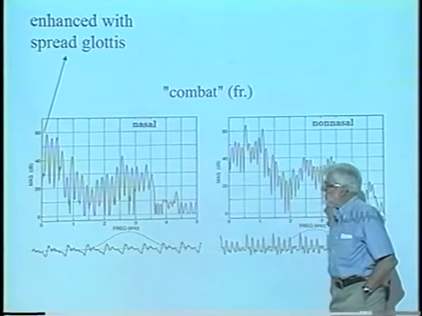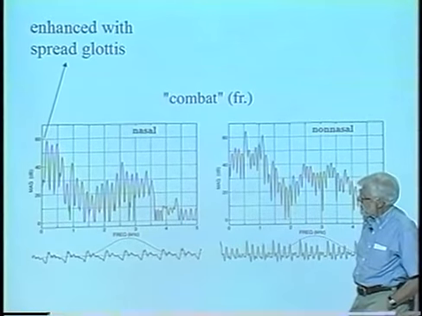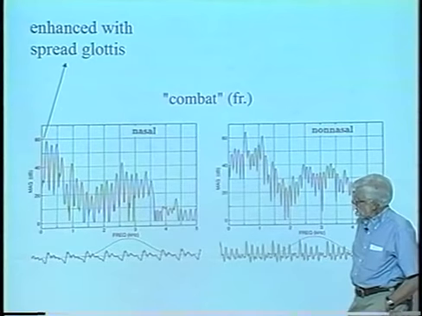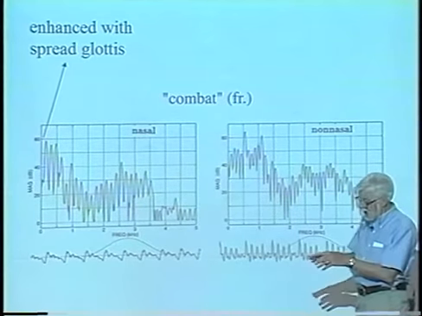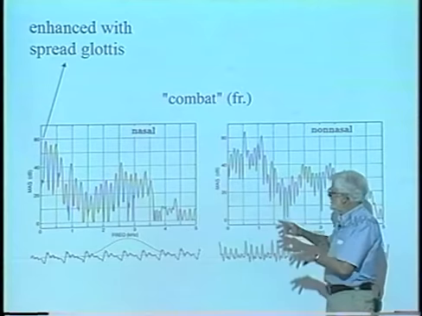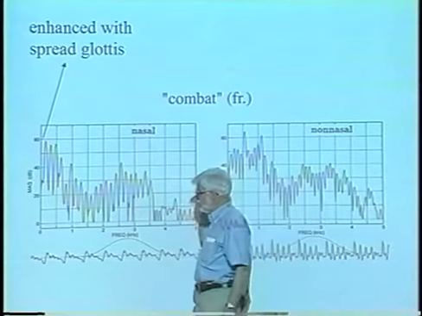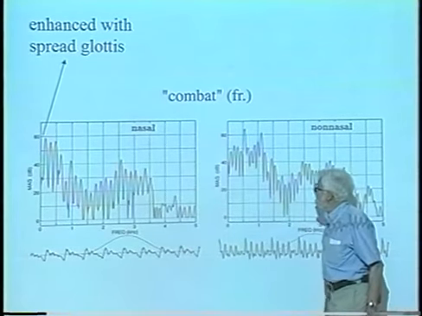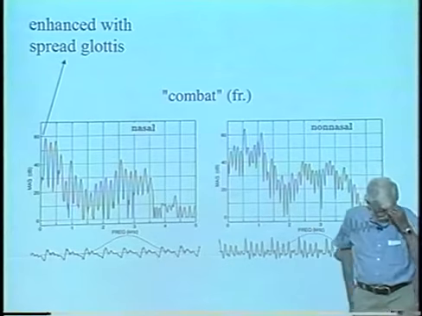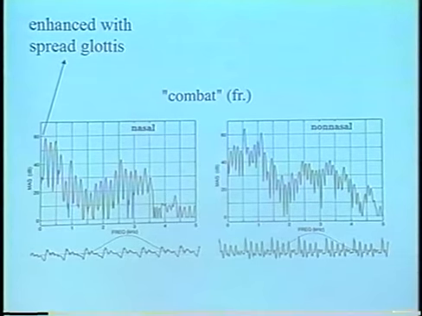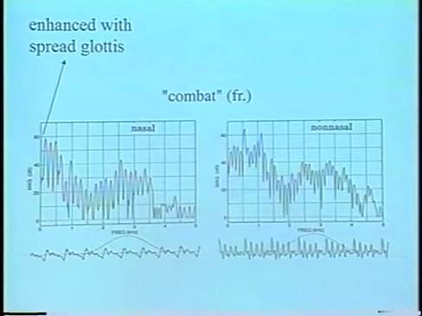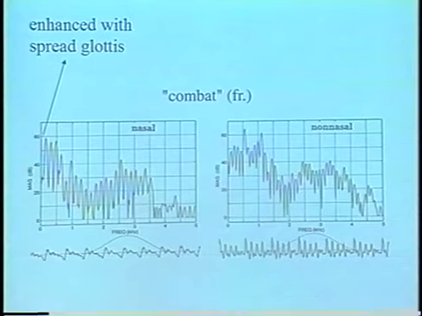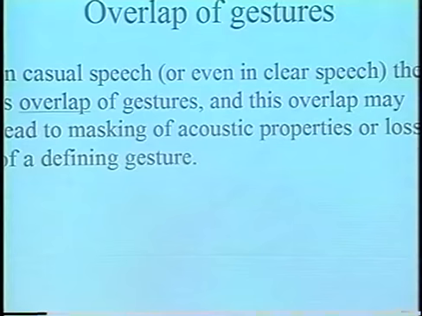It's considered to be in part possibly because of a sinus resonance, but it seems as though there's also some spreading of the glottis, which will enhance that distinction between the non-nasal one and the nasal one. This is the second vowel in combat. So again, spreading of the glottis is not considered to be a distinctive feature for French. Nasal is the feature.